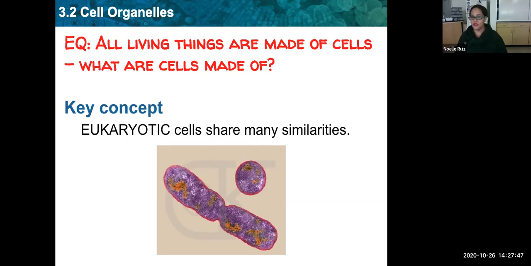So eukaryotic cells share many similarities. Again, our word eukaryotic, eu means true, karyo means nucleus. These are the cells with a true nucleus. And no matter what organism they come from, if it is a eukaryotic cell, they have a lot of stuff in common, mainly all of the organelles.